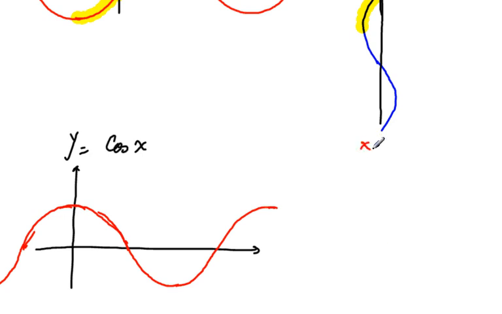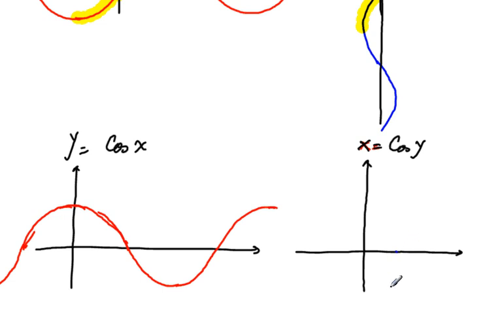What if you describe x as a function of y? What if x was equal to cosine of y? It meant that your angles are now on the vertical axis, their cosines are on the horizontal. The picture that you get is something like this, except that you start at the 1 on the x-axis.